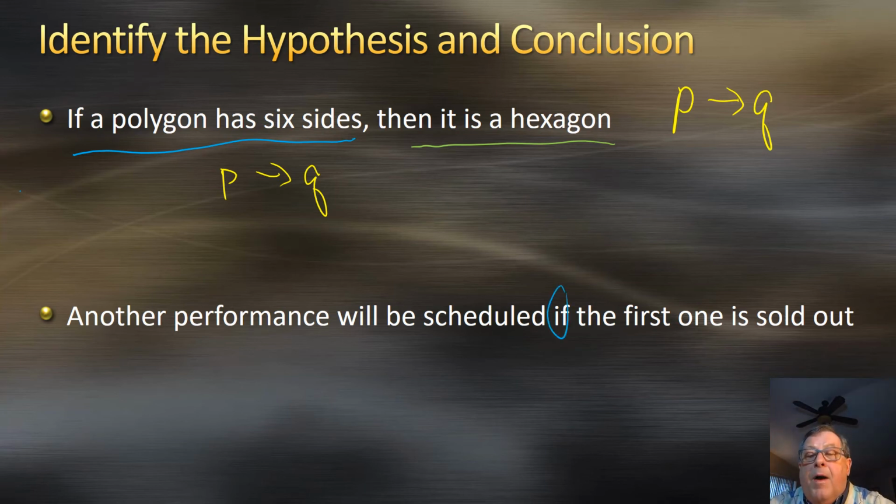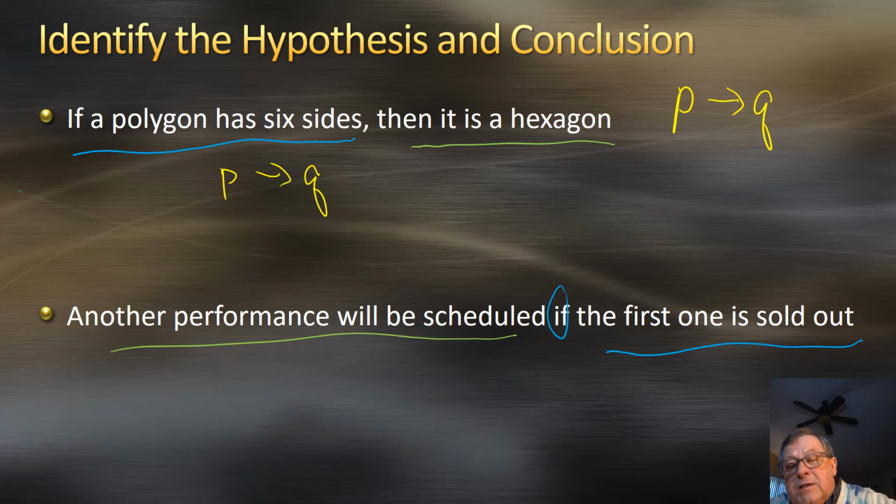And so my hypothesis is: if the first performance, I'm going to substitute performance for 1, is sold out. So there's my hypothesis. And then my conclusion is another performance will be scheduled.